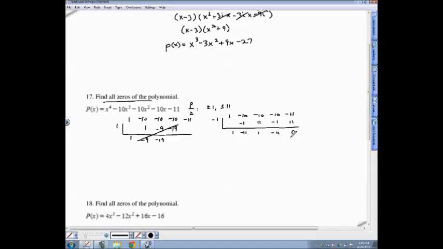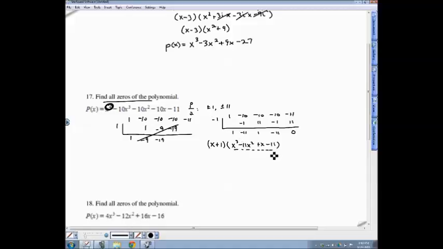We're getting somewhere with that one. So we know that x equals negative 1, so x plus 1 is the factor. These are the coefficients of the reduced polynomial x to the third minus 11x squared plus x minus 11. But we've only found one zero because this is a degree 4 polynomial. There's a total of 4 zeros. We've only found one, so there are 3 more.